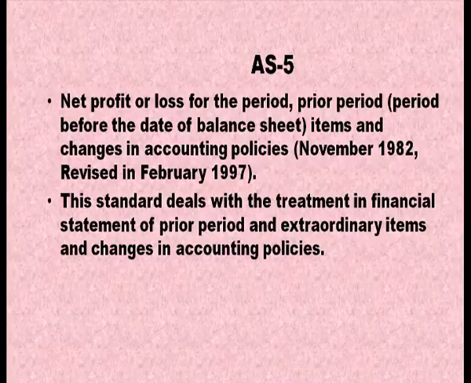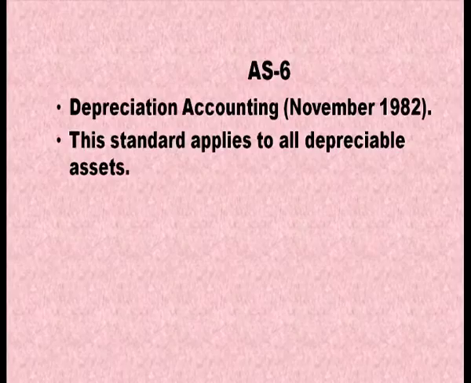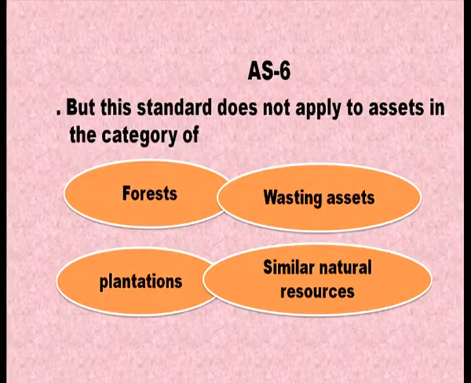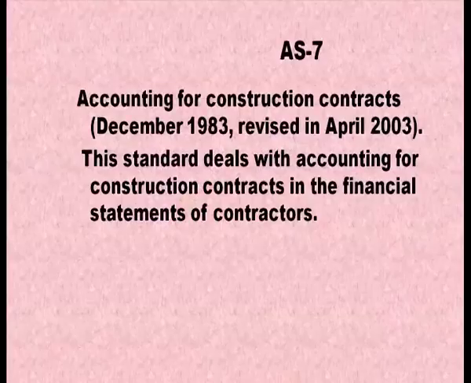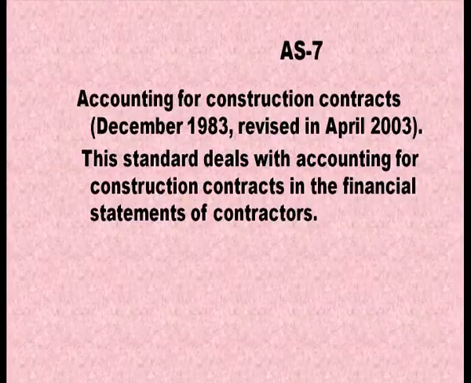Accounting Standard 6 does not apply to assets in the category of forests, wasting assets, plantations, similar natural resources, etc. Accounting Standard 7 is accounting for construction contracts.